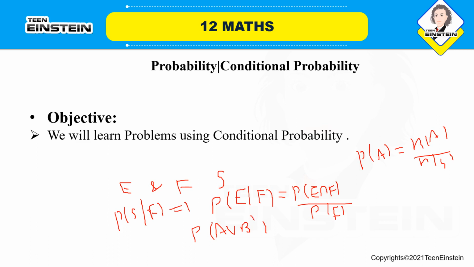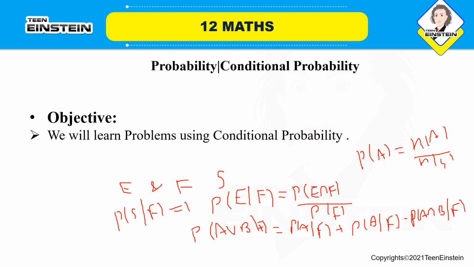But in conditional probability, this property is reduced to the form P of A union B given F equals P of A given F plus P of B given F minus P of A intersection B given F. Suppose A and B are mutually disjoint events, then the intersection will not come, so it becomes 0. So this is the second property we have discussed.